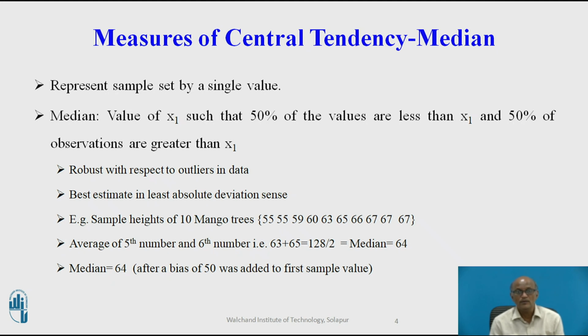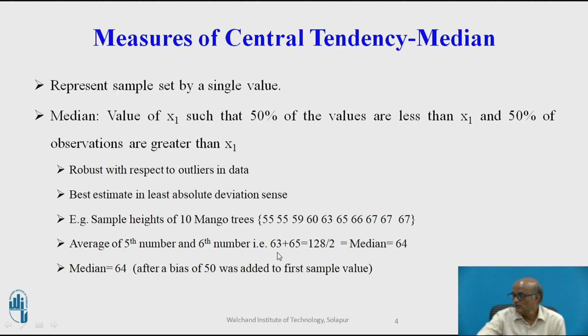Now consider the sample heights of 10 mango trees from 55 to 67. What is the central value here? There are 10 values in total. The fifth might be the central value, but on the left-hand side 4 values will be there and on the right-hand side 5 values will be there, so that cannot be the fifth value.